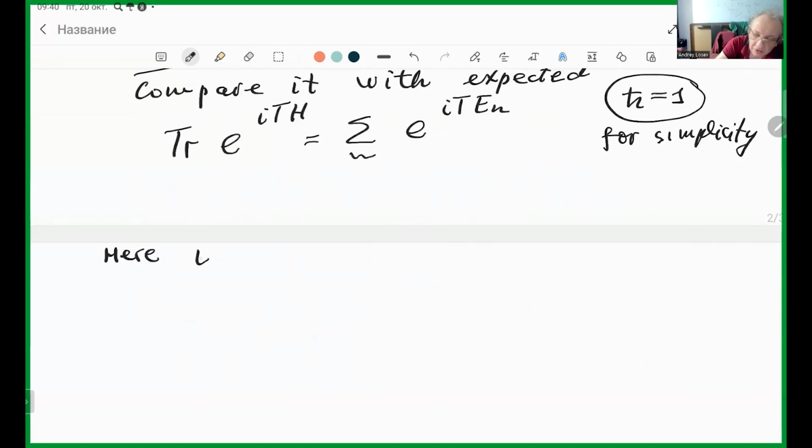Here, e_n are eigenvalues of the following operator.